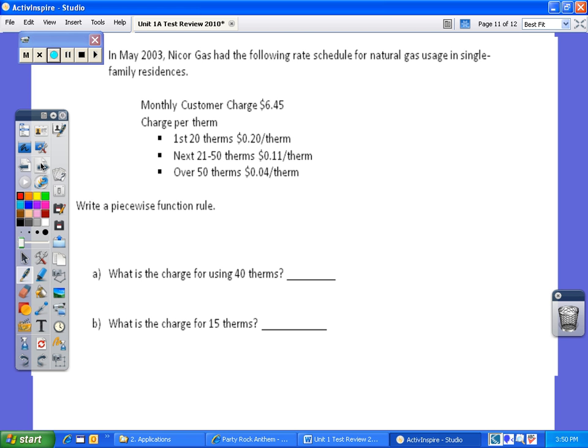The monthly customer charge was $6.45, and the charge per therm, which is the unit for natural gas, was 20 cents for the first 20 therms, 11 cents per therm for the next 21 to 50 therms, and 4 cents per therm over 50 therms. When it says write the function rule, that's your f of x.